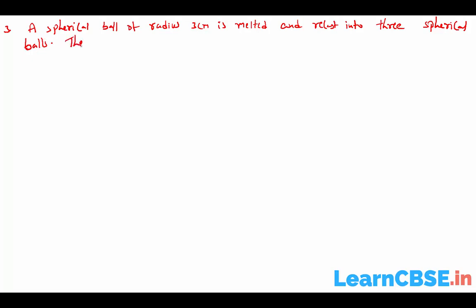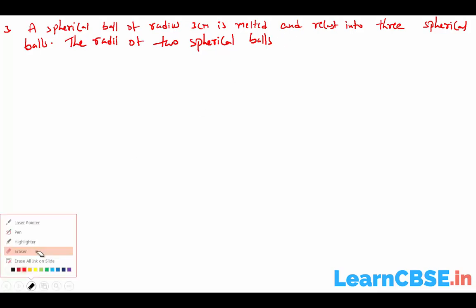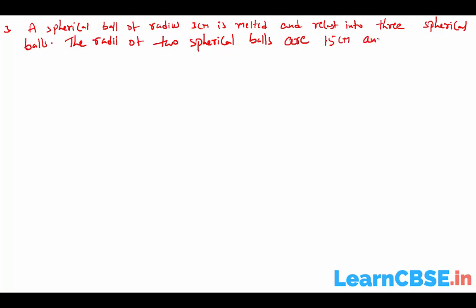The radii of 2 spherical balls are 1.5 centimeters and 2 centimeters respectively.